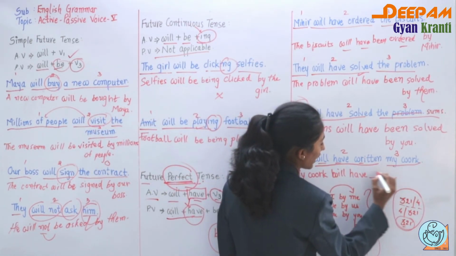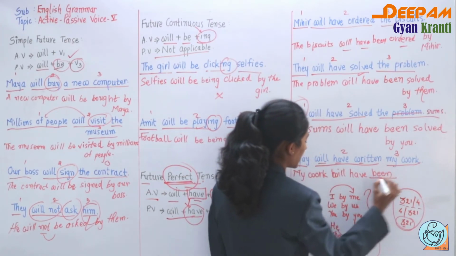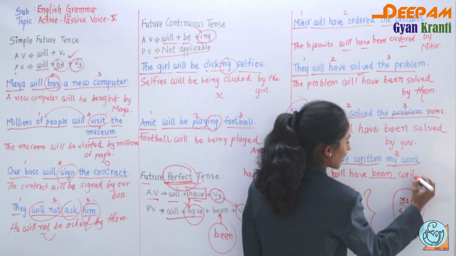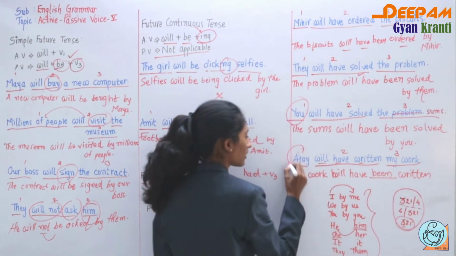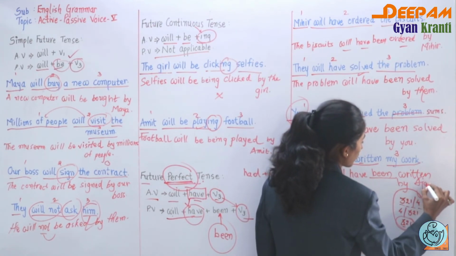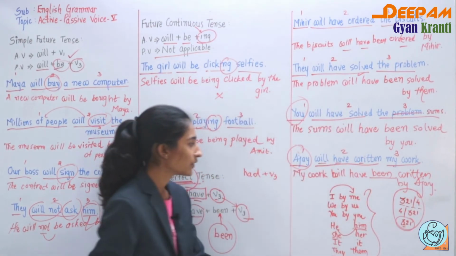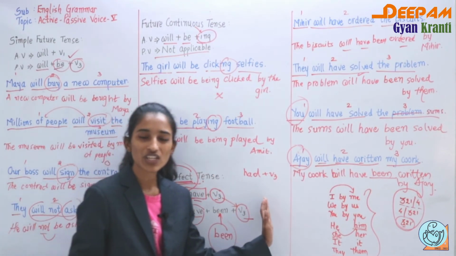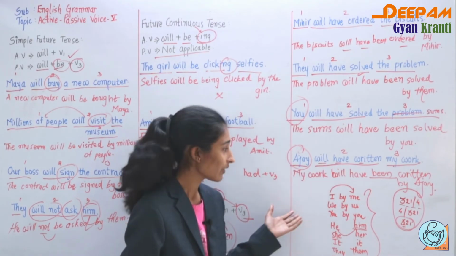Then what I have to add here? I have to add here been. So my work will have been written. Then subject is Ajay. So what we have to write? By Ajay. So what is the answer? My work will have been written by Ajay. So this way you can change the active voice into passive.